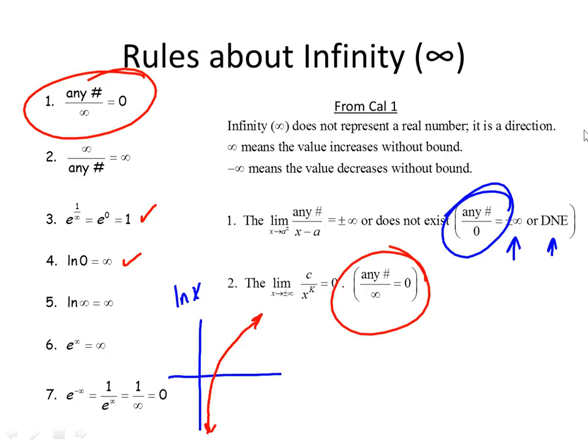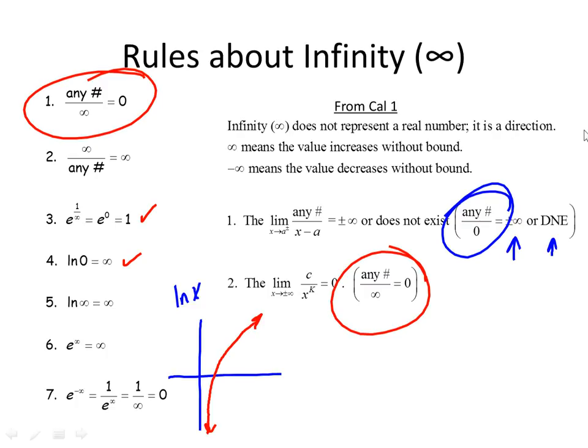For the same reason, the natural log of infinity, as x goes to infinity, you see what the graph's doing? It's also going to infinity. So make sure you remember that. These are reciprocals of each other.